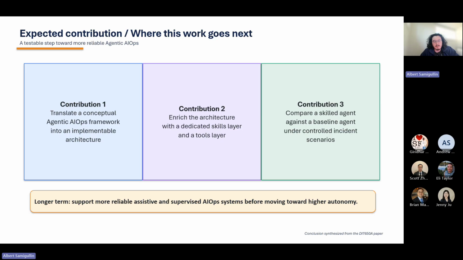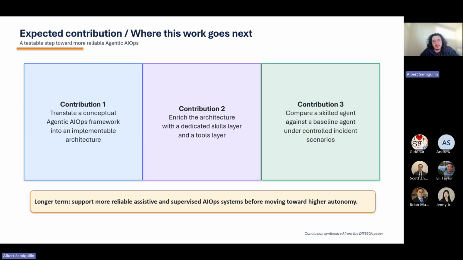Second, I enrich that model with skills and tools layers. So this model is not only generating diagnosis, but is also supported by operational guidance and access to relevant evidence. And third, it compares the enriched model with a baseline model that doesn't include layers such as skills and tools, using the same incident scenarios.